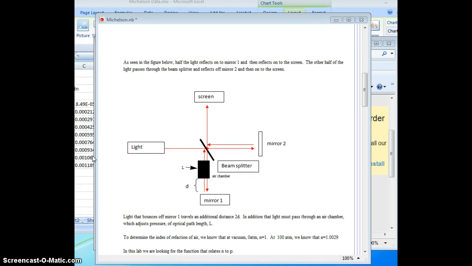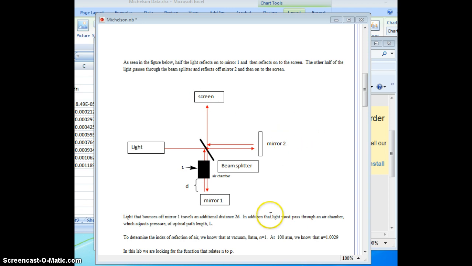And then there's a relationship I'll talk about below. It's important to note that the light that goes down this path goes through this chamber twice. Then the light passes through the beam splitter, bounces off a mirror, and in the end it goes onto a screen. Actually, it doesn't all go on, but about equal amounts traveling either path get on the screen.